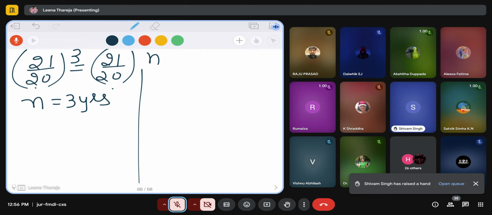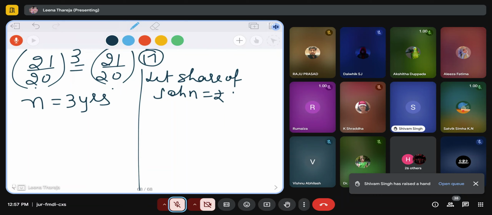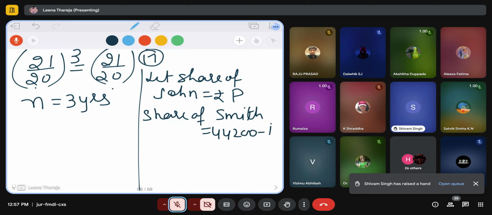Let the share of John be rupees P, and what will be the share of Smith? The total is 44,200, so the share of Smith is 44,200 minus P. Understood?